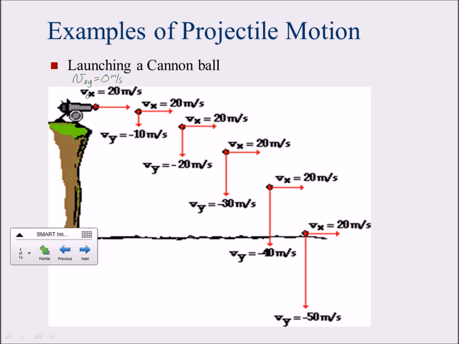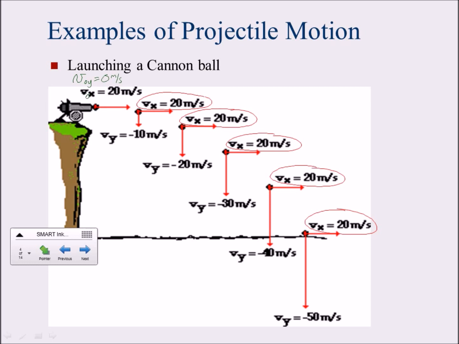So again, if a vector is only in the x direction, it only has an x component, there's no y component. And in this picture, we can see that because there's no acceleration in the x direction, at any time during its path, that x component stays 20 meters per second. The x component of the velocity does not change.